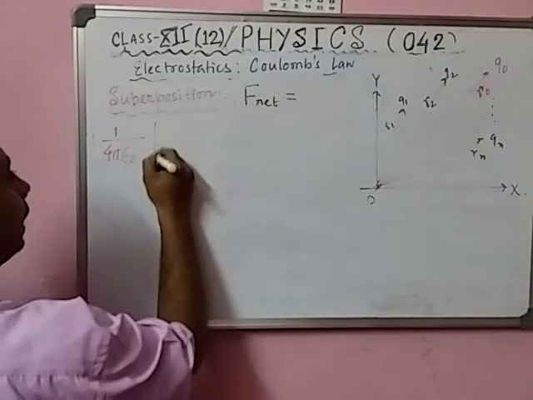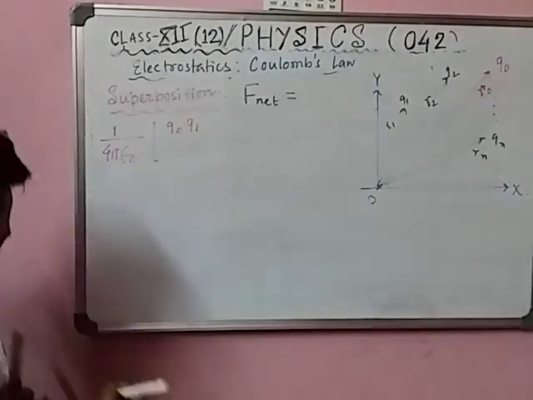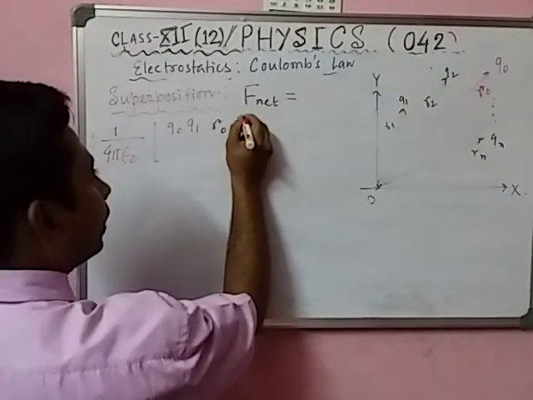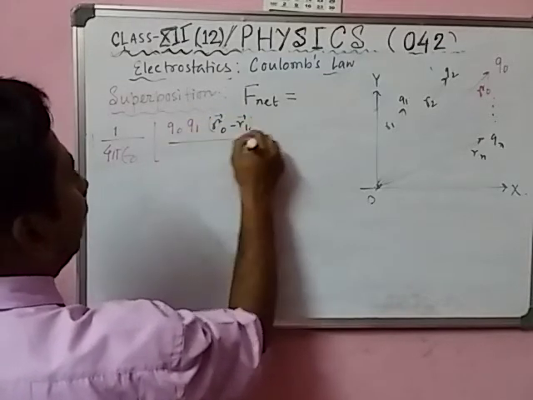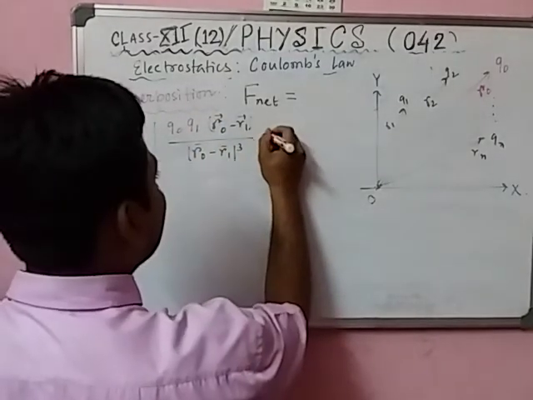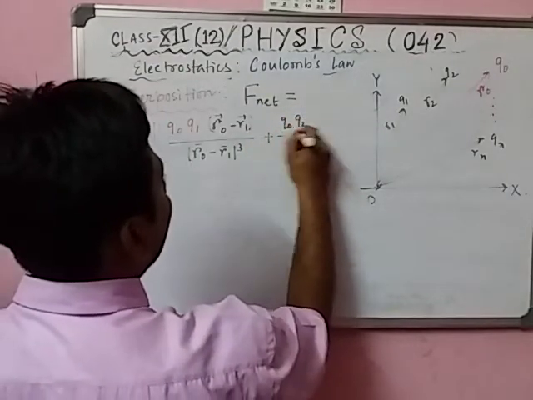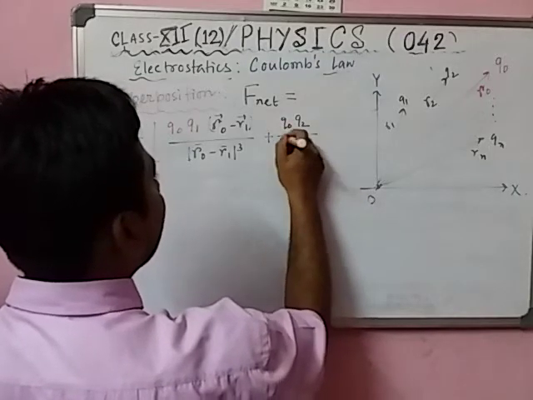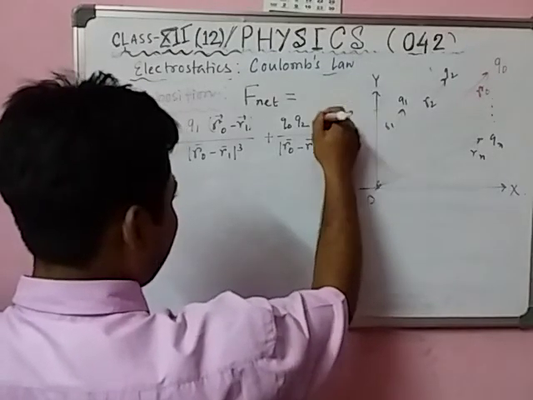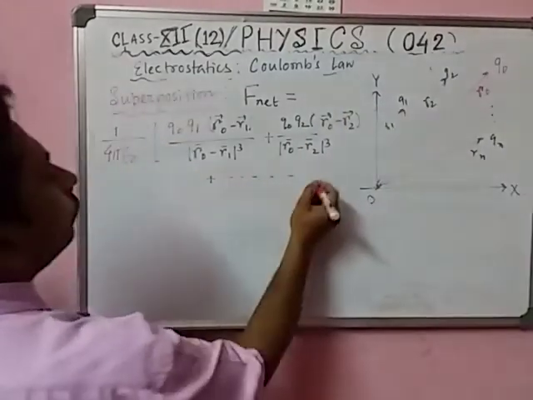And for each charge, Q0 on Q1, you write Q0 into Q1 times the vector R0 minus R1 over the magnitude of R0 minus R1 the whole cube, plus, for 2, Q0 Q2 times R0 minus R2 over the magnitude of R0 minus R2 cubed, plus so on, up to Qn.